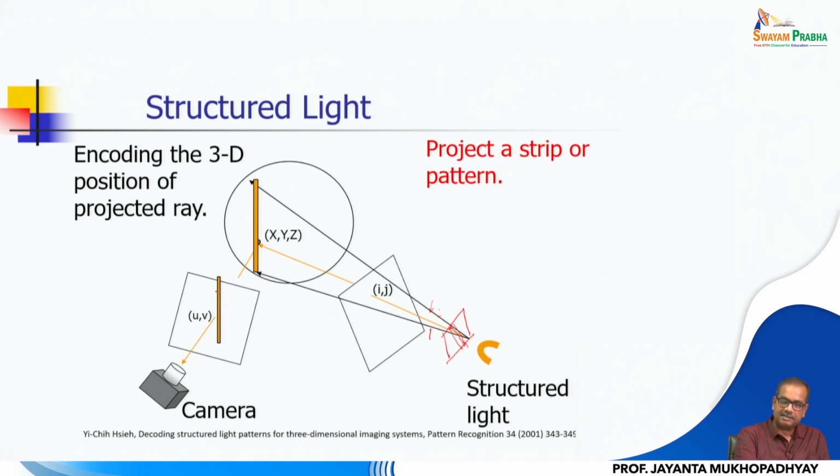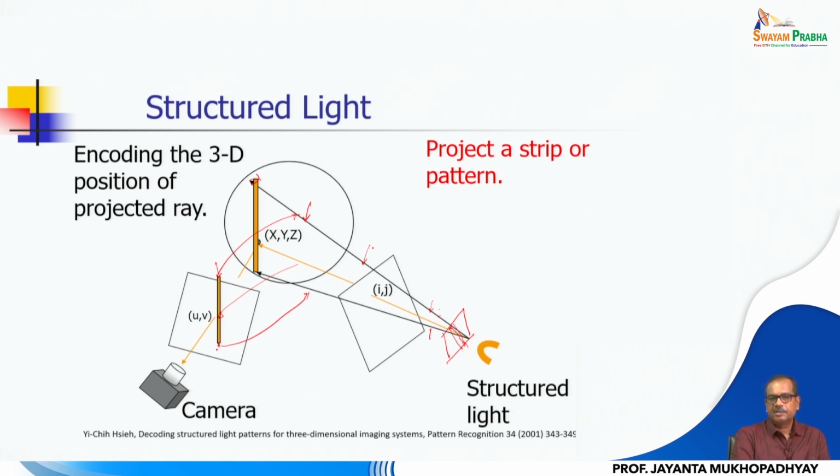So when you get a structured pattern, this is the structured light. When this pattern is observed, we know that this point corresponds to the reflection or the image of the object surface point which is illuminated by this ray. Similarly, this point is illuminated by this ray, and any intermediate point can accordingly be related. So for every point, we get its respective three-dimensional ray of path of transmission.